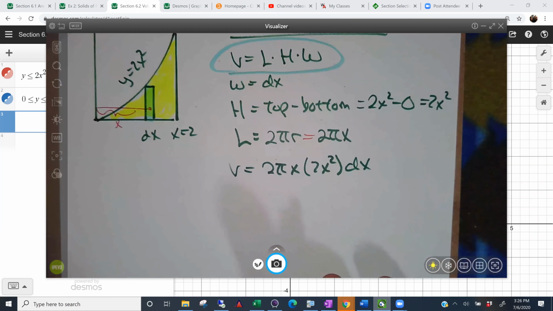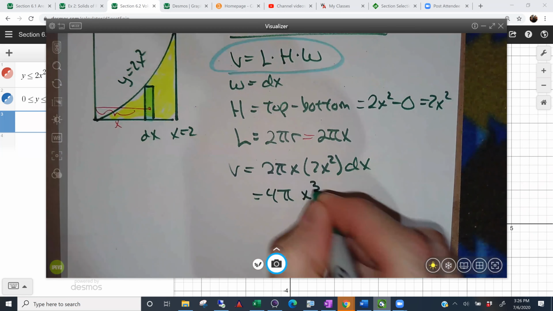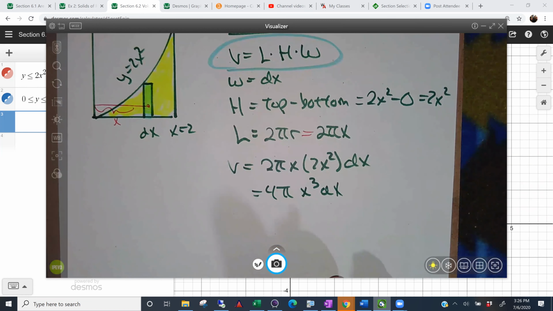So overall, 4 pi x cubed dx. Nice. Now that's the volume of one shell.